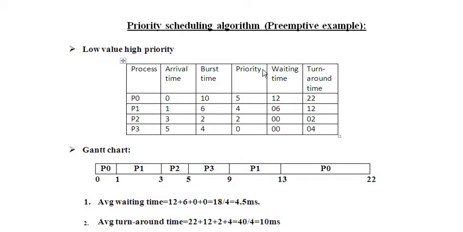The respective priorities are 5, 4, 2, 0. Let us not concentrate on these 2 columns right now, waiting time and turnaround time. After drawing the Gantt chart, we will come back and see what they are.